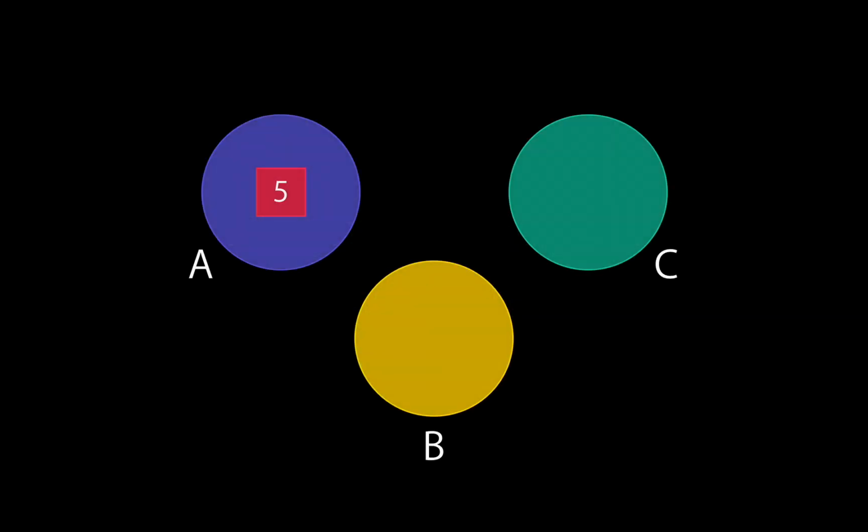In this diagram, the red box represents a mutable object, which has the value of 5. And these circles here represent other objects that are passing this mutable data around. So when A passes this mutable object to B, B probably doesn't want that object changing out from under it.